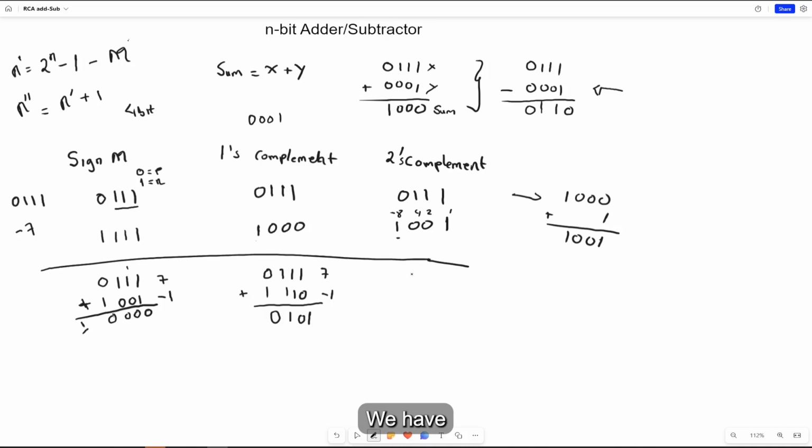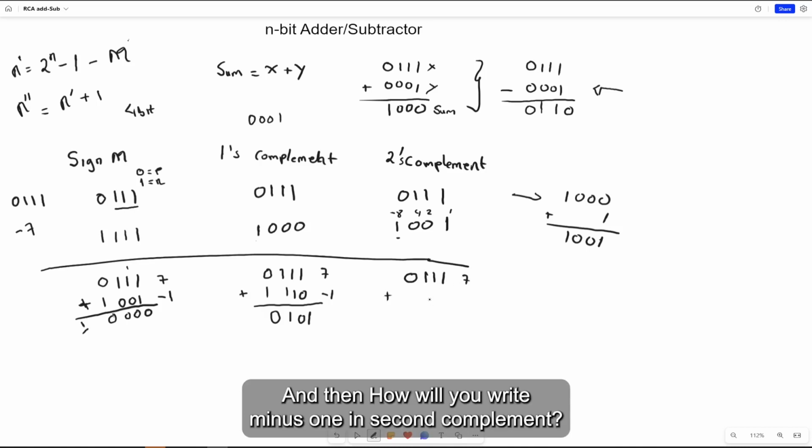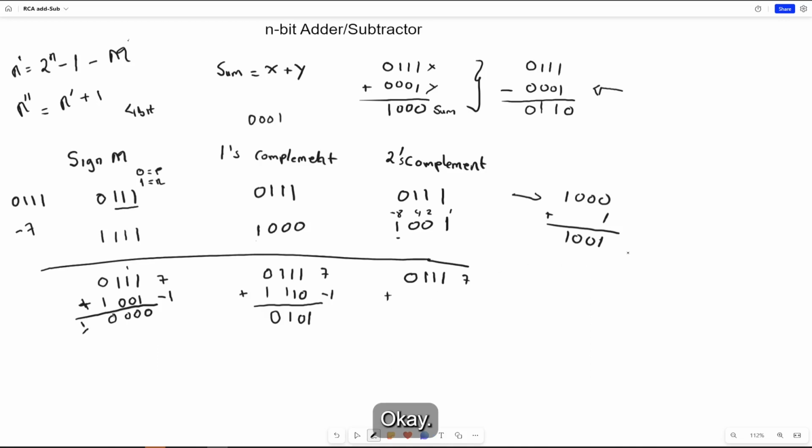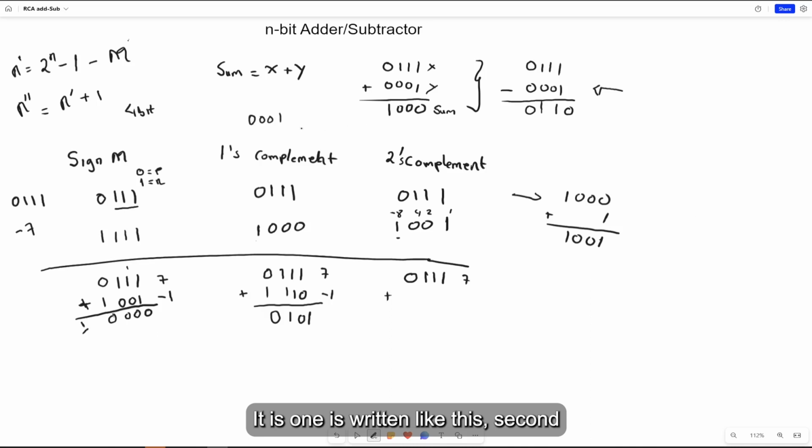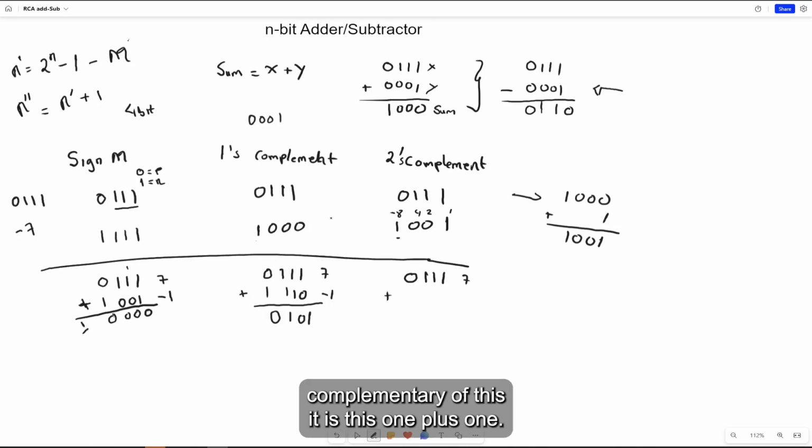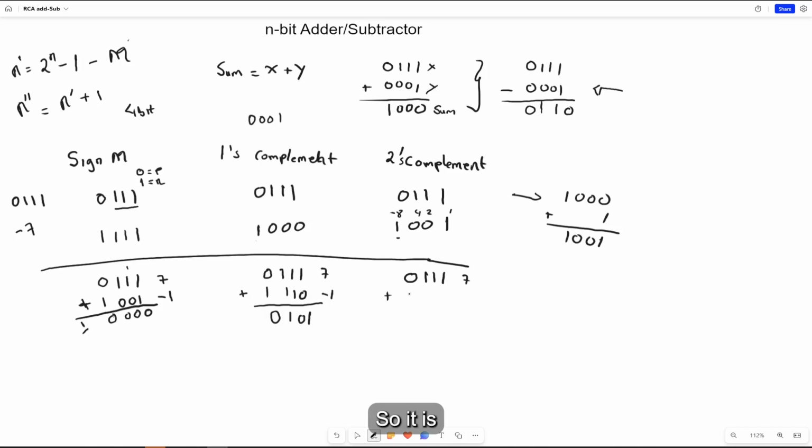We have 7 minus 1, and how do you write minus 1 in first complementary? Okay, 1 is written like this. The second complementary of this is the first complementary plus 1.